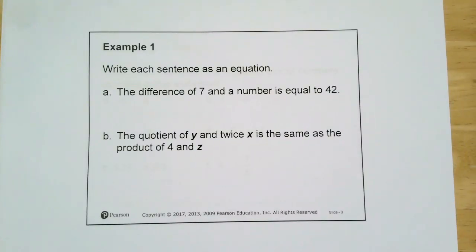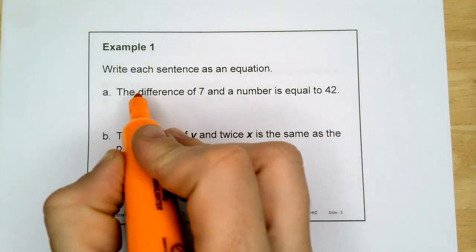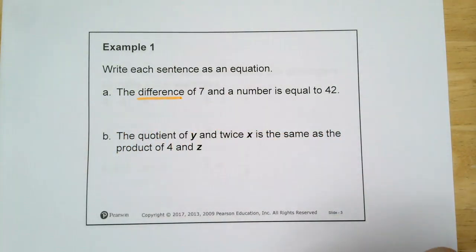All right, so to begin with, we're going to write a sentence as an equation. What I like to do is use a highlighter or some sort of coloring system. You want to take each term and decide what it means in translation.